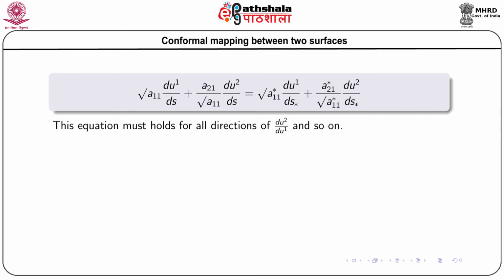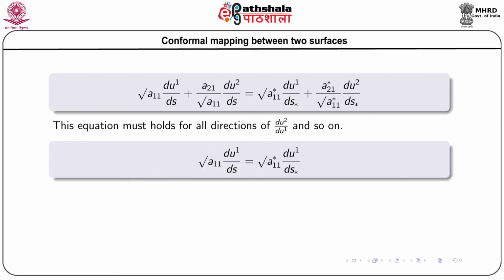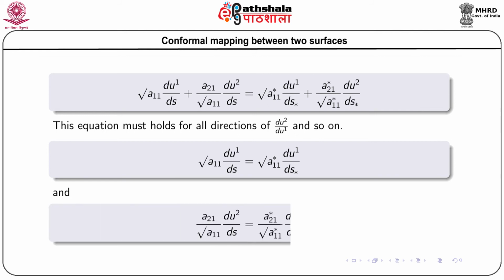Now, this equation must hold for all directions of du2, du1, and so we have root A11 du1 ds equals root A11 star du1 ds star. And therefore, we can write the second part also, A21 by root A11 du2 ds equals A star 21 by A11 star du2 ds star.